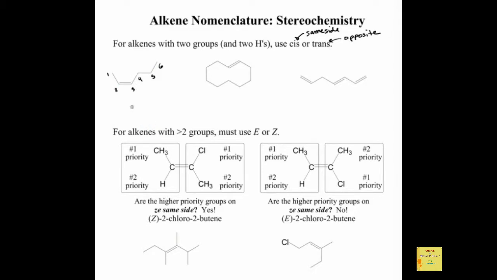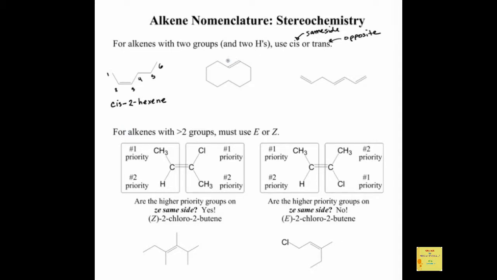This is 2-hexene. But one particular stereoisomer is shown of 2-hexene where the two alkyl groups are pointing on the same side. So we're going to describe this as cis 2-hexene. We're going to put that stereochemistry all the way out in front of the name to describe the stereochemistry of the double bond.